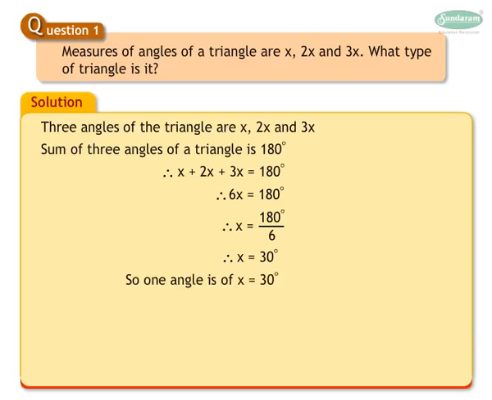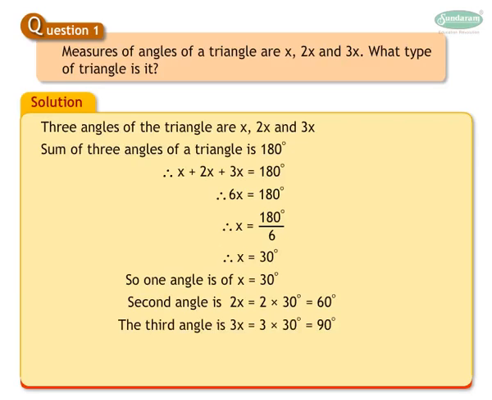We got the measure of one of the angles as x is equal to 30 degrees. Measure of second angle 2x is equal to 2 into 30 degrees, which is equal to 60 degrees. Measure of third angle 3x is equal to 3 into 30 degrees, which is equal to 90 degrees.